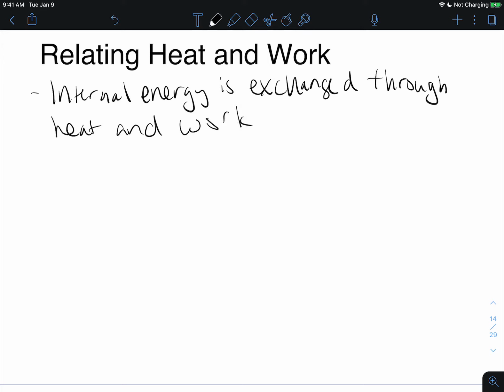We have an equation. Delta E is equal to Q plus W. So our internal energy is dependent on the amount of heat and the amount of work either done on the system or done by the system. So our change in our internal energy depends on how much heat or work is released or absorbed by the system.